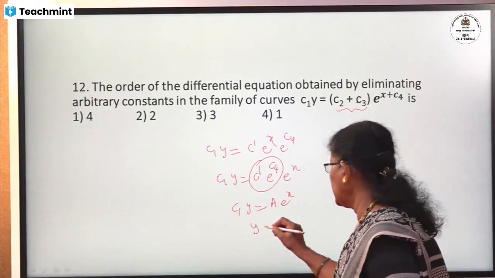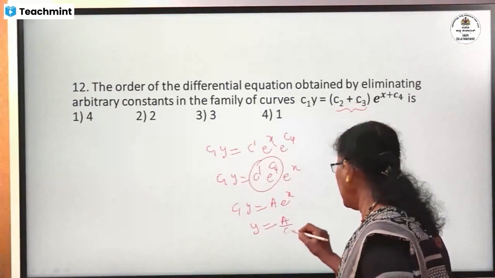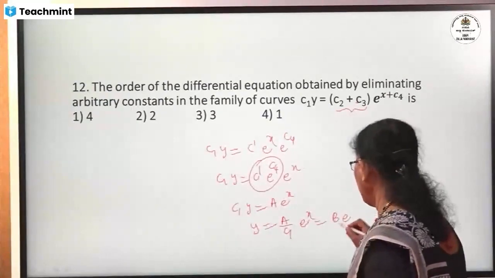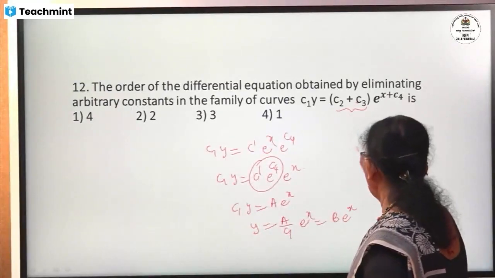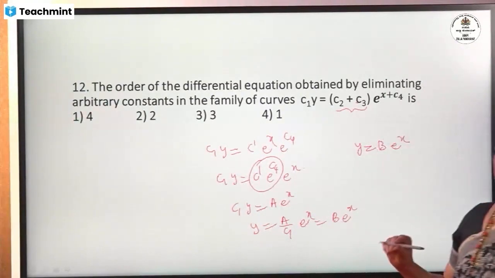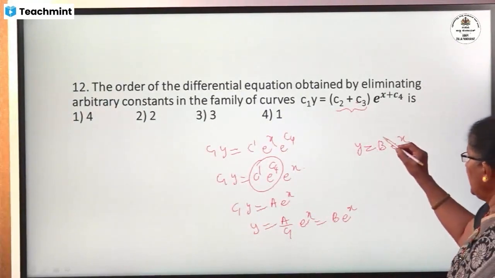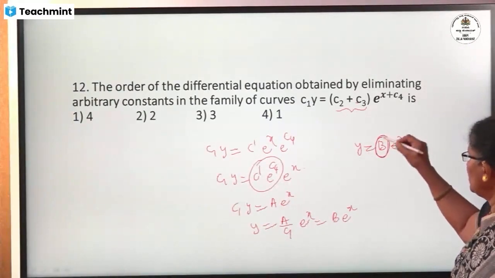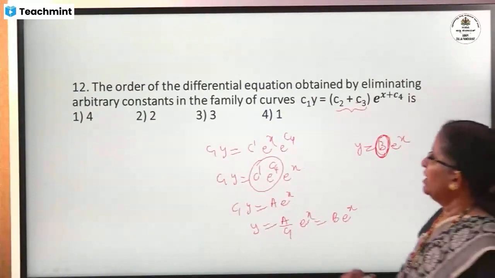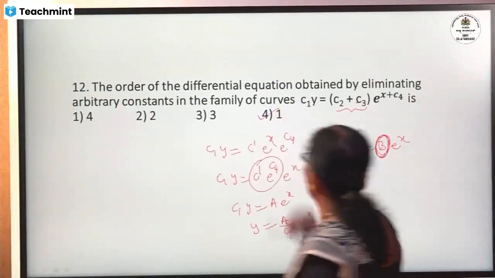Now this y, I will write as A by C1, and I will call that b. So what I actually have is the equation y is equal to b e power x, where there is only one arbitrary constant. Therefore, the order would be 1.